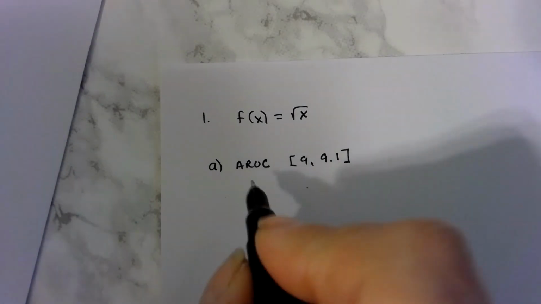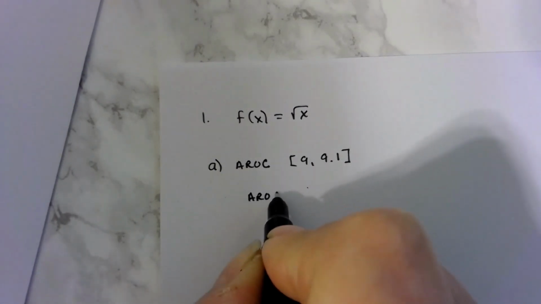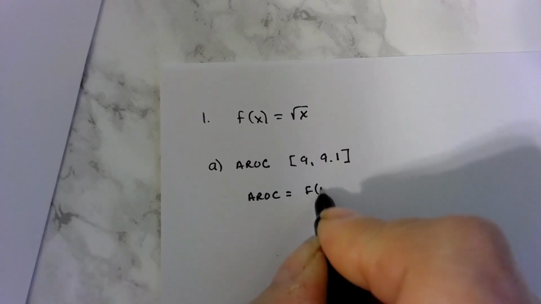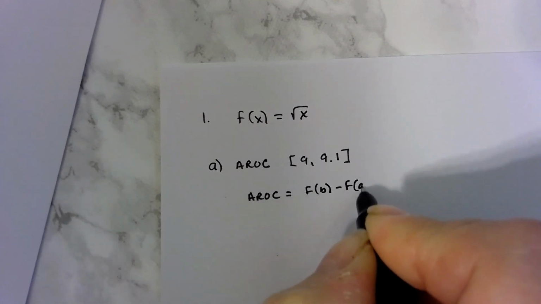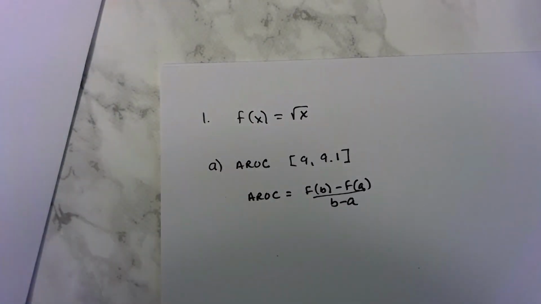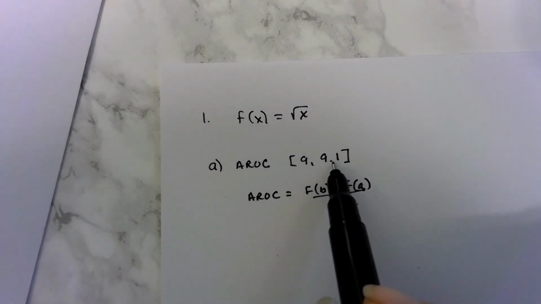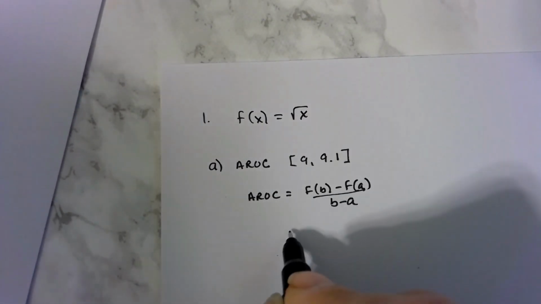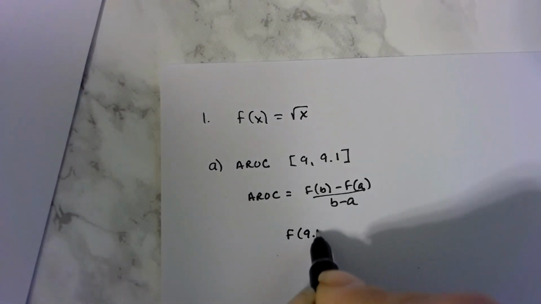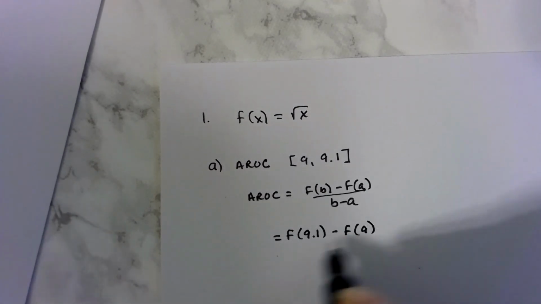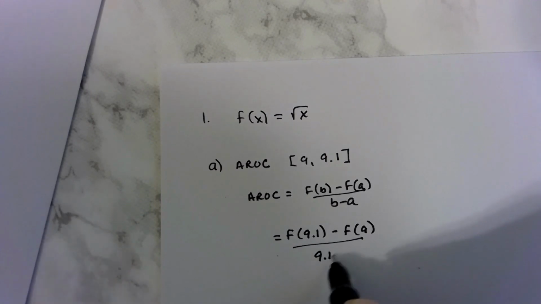Well, we know that the average rate of change is equal to f of b minus f of a over b minus a, right? And this is always a and b, so alphabetically. So f of b is f of 9.1 minus f of 9 over 9.1 minus 9.